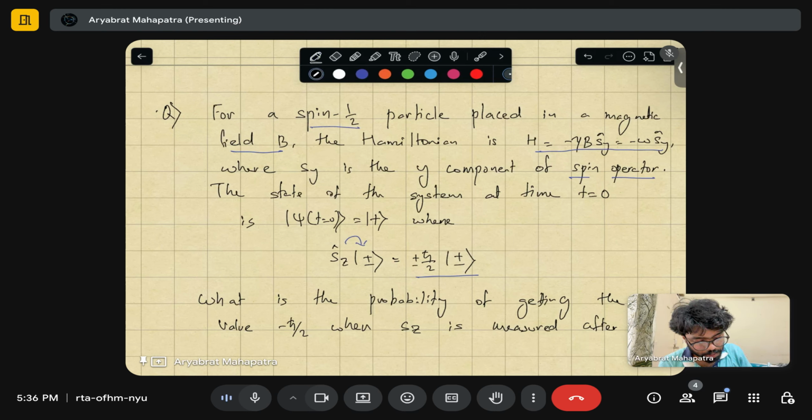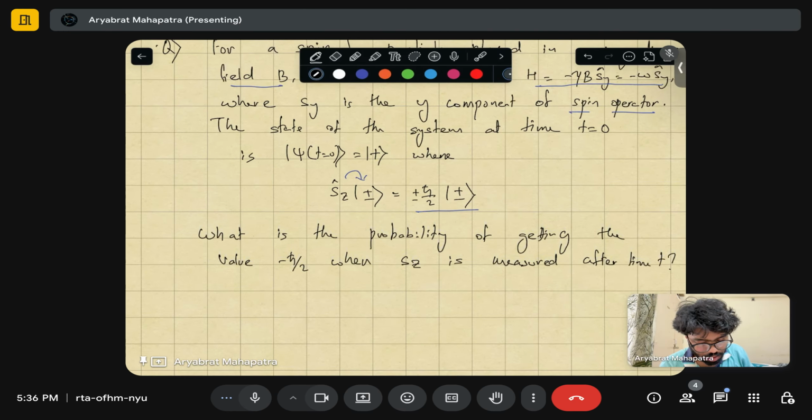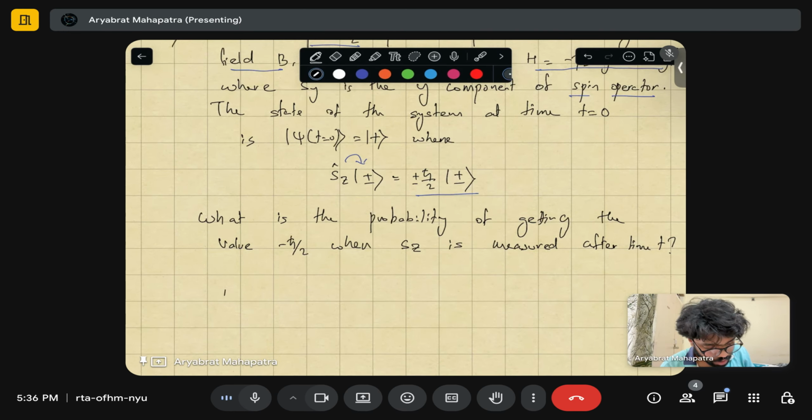What this plus and minus tells you is that this plus denotes half, half, and this minus denotes half, minus half.